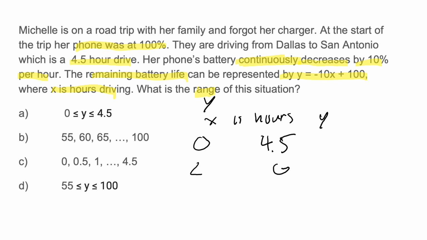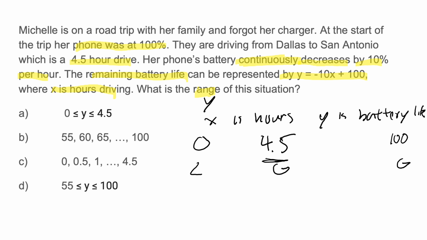And y is battery life. So we know that the maximum her battery is going to be is 100. So that's our greatest. Now, we could assume that our lowest battery life is going to be 0 because that's your phone dying. But they only drove for 4.5 hours, so that needs to come back.